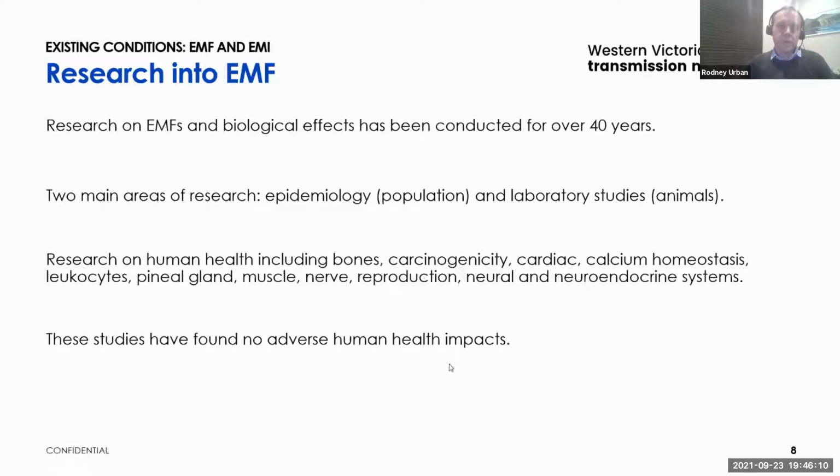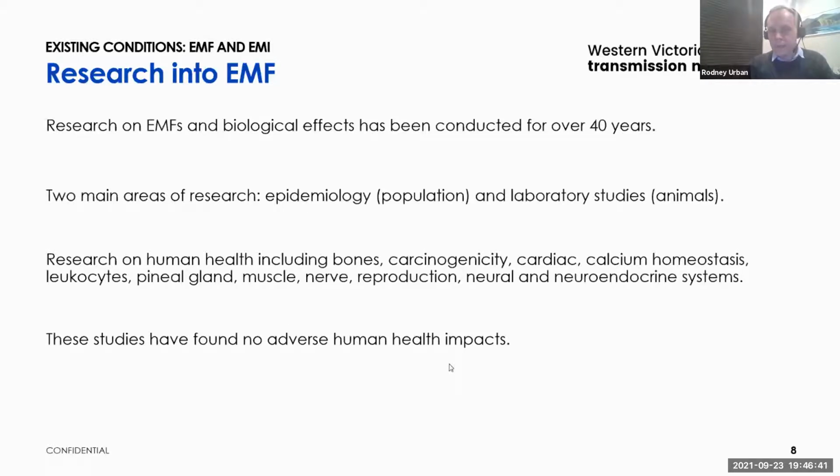Now, with the potential impacts, or the concern around potential impacts on human health, there's been a lot of research done into biological effects of electric and magnetic fields. That's been ongoing since the 1970s, so for over 40 years, nearing 50 years. And the two main areas of research that have been reported are epidemiology or population studies and laboratory studies on animals.